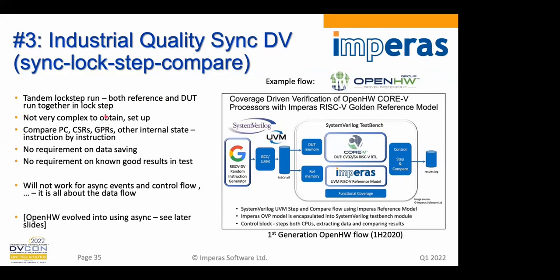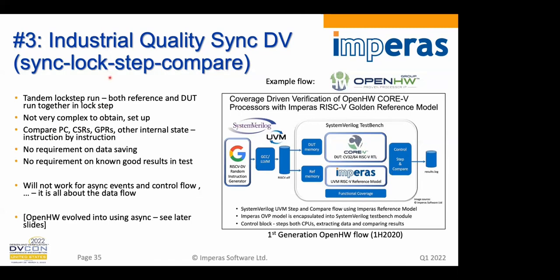And it's not too complex to set up, but as long as there's no asynchronous stuff going on, you can be comparing the PC, you can be comparing the general purpose registers or the control and state registers in there, and other internal state instruction by instruction. You don't tend to have to save data, and you don't need to beforehand know what results you're going to get because you are comparing to a reference. So it works really well with the random generators and things. And the great thing is that when there's a mismatch, it tells you at the appropriate point in there.